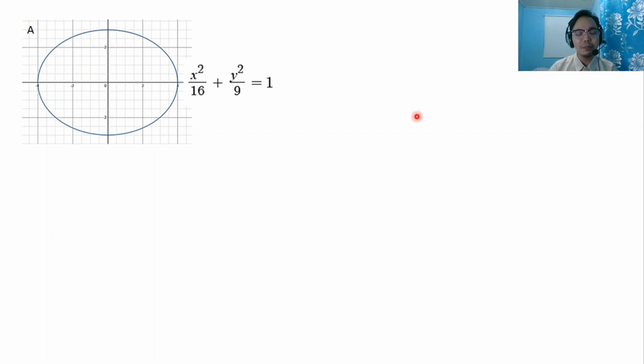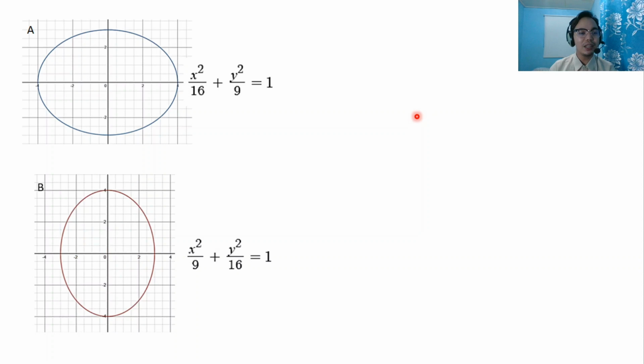Paano natin makikita or ano kaya ang itsura ng ellipse kapag nagkabaliktad yung nasa ilalim niya? So ganito naman. Ang equation natin ay x squared over 9 plus y squared over 16 equals 1. Mapapansin natin na ang major axis ay vertical na or nasa ilalim ng y.